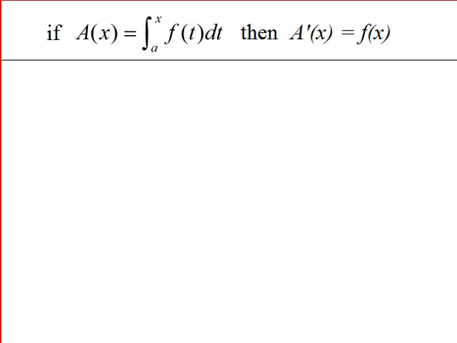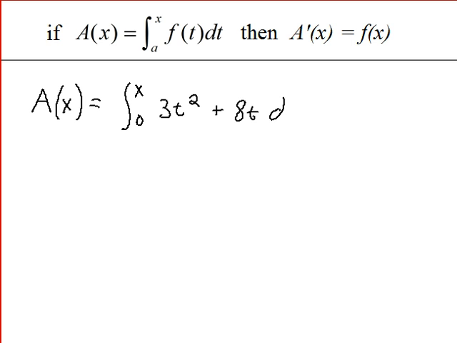The example that I would like to use, or the specific problem, will look like this. Let's define A of x to be equal to the integral from 0 to x of 3t squared plus 8t dt.